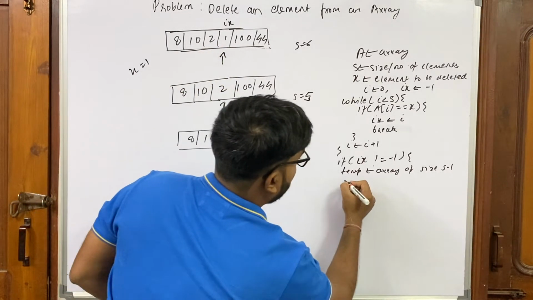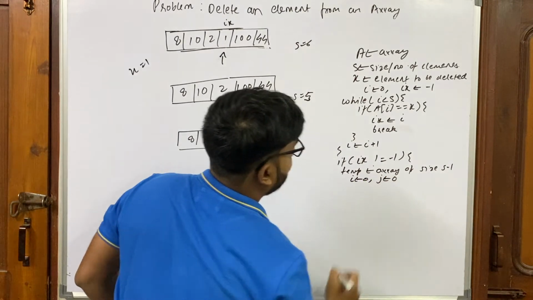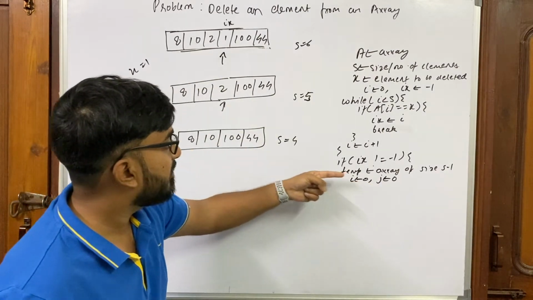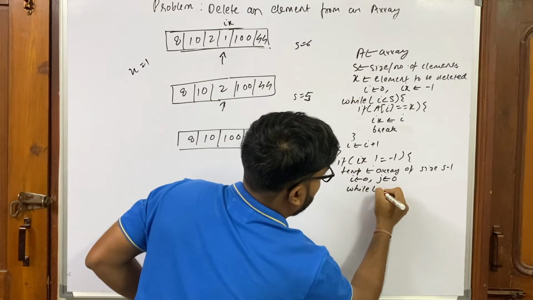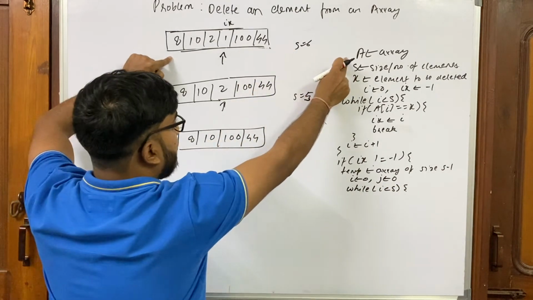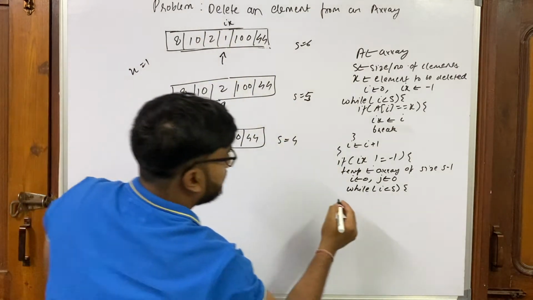So we set i back to 0. We take j as 0. So i will iterate the original array and j will iterate the fresh array, which is temp. So you say while i is less than S, you copy all the values from this original array into this temp array, except the one at ix.